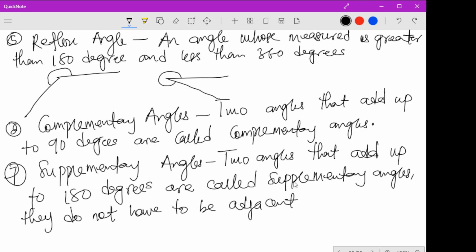So by the time we talk much about types of angle, we know much about how the angle is being measured and how we also draw angles.